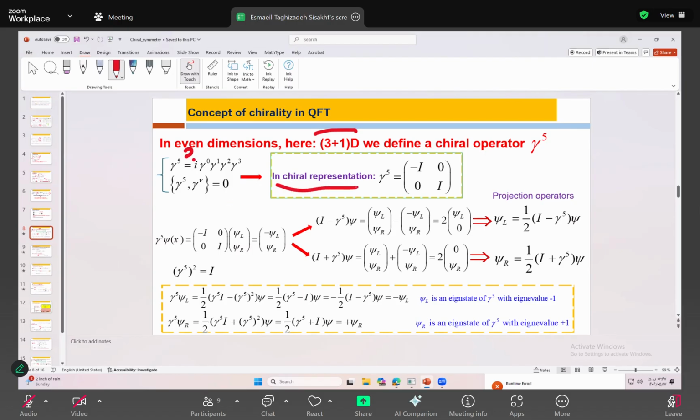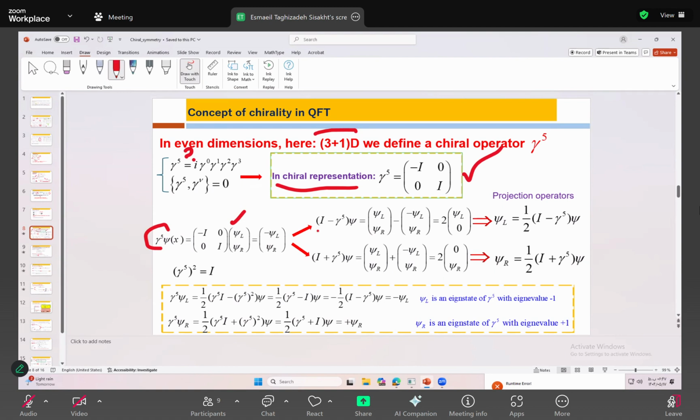And in the chiral representation, the one that I mentioned, the explicit form of the chiral operator is something like this. And if I apply this chiral operator on the Weyl spinor, we can see that the effect of the chiral operator is something like this.